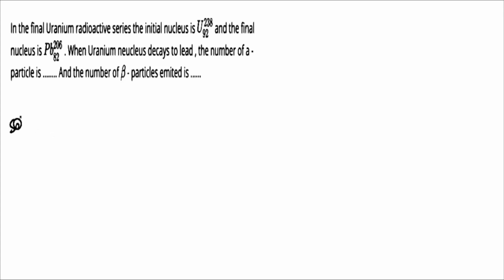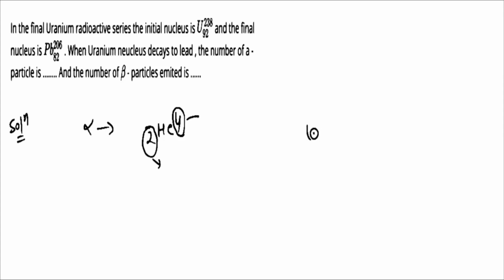Let us talk about the alpha particle very first. An alpha particle is basically a helium nucleus, which is 2He4. Whenever an alpha particle is emitted, there is a decrease of 2 in the atomic number, as you can see its atomic number is 2, and a decrease of 4 in the mass number.